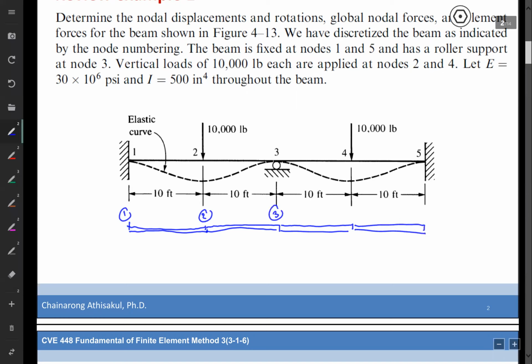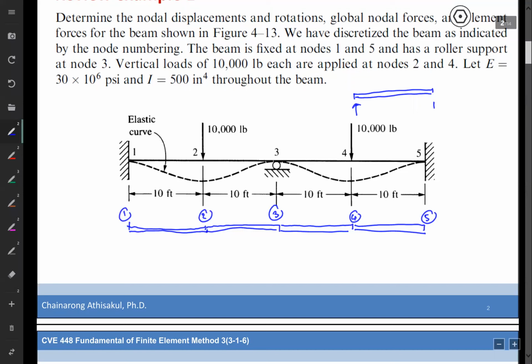This third one is node four, and this is node five. Okay, don't forget the sign convention of the beam, for the nodal convention.